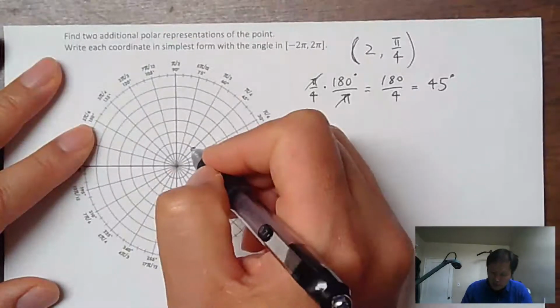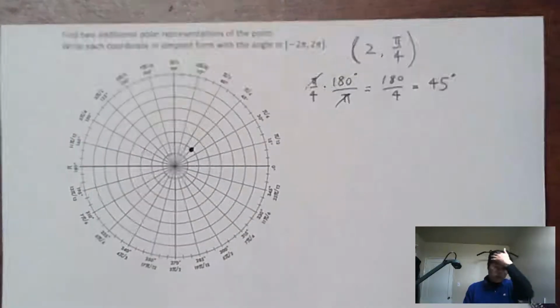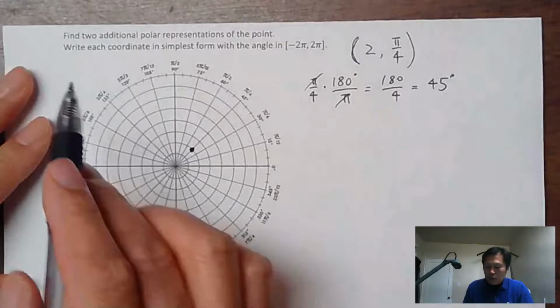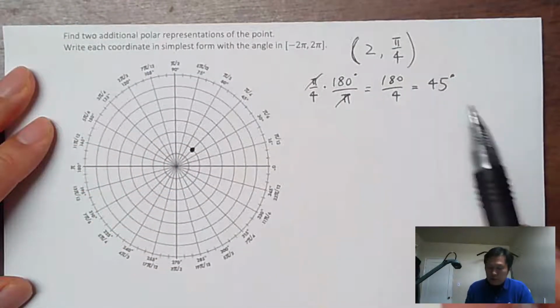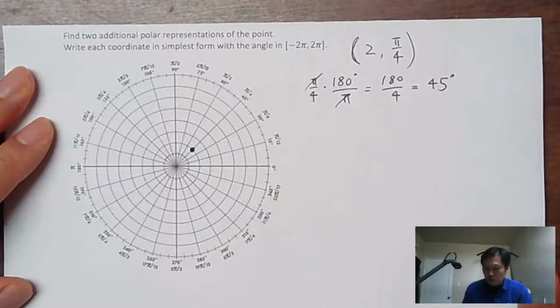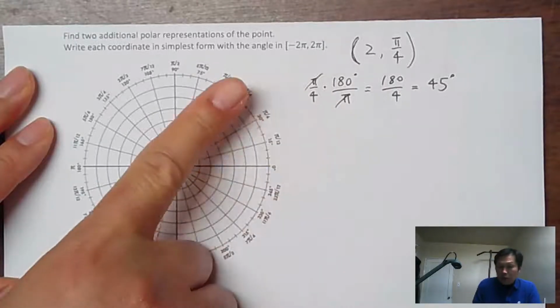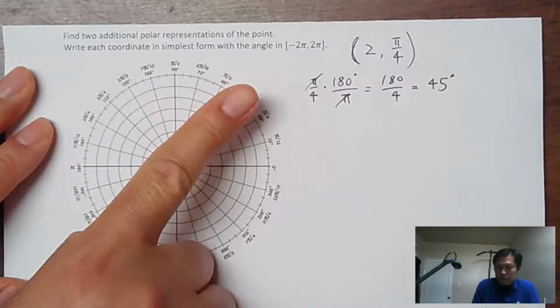That is the point. So when you try to find additional polar representation of a point, there are numerous choices. One way is you are pointing it out 45 degree. What if we add 360 degree to that angle?